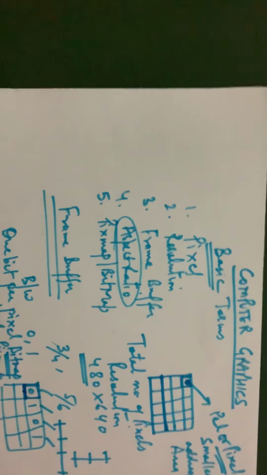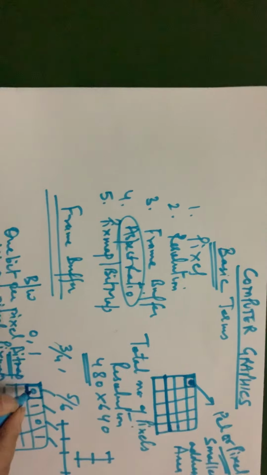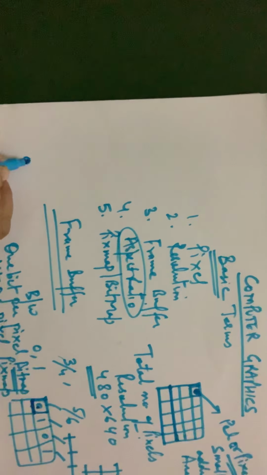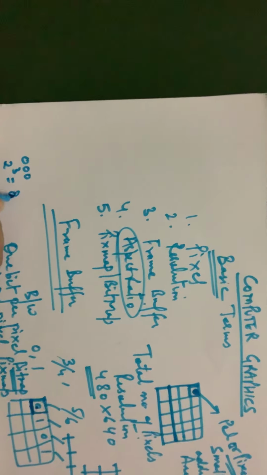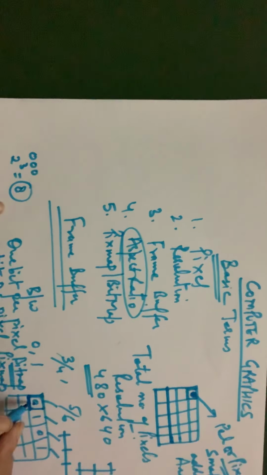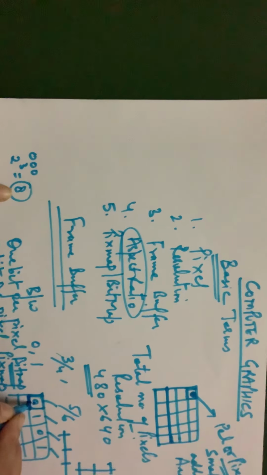So 2 to the power n: if suppose my pixel has 3 bits per pixel, that means 2 to the power 3, which is 8 colors. So one pixel can represent 8 colors.